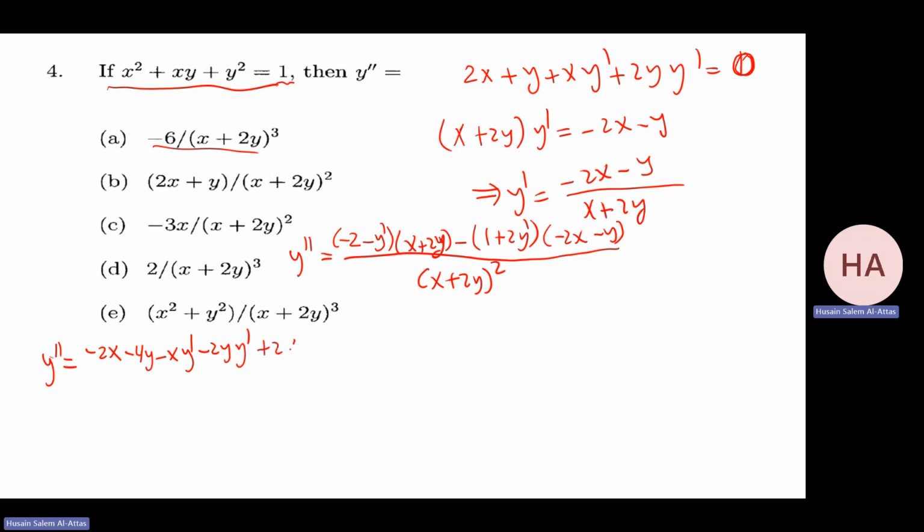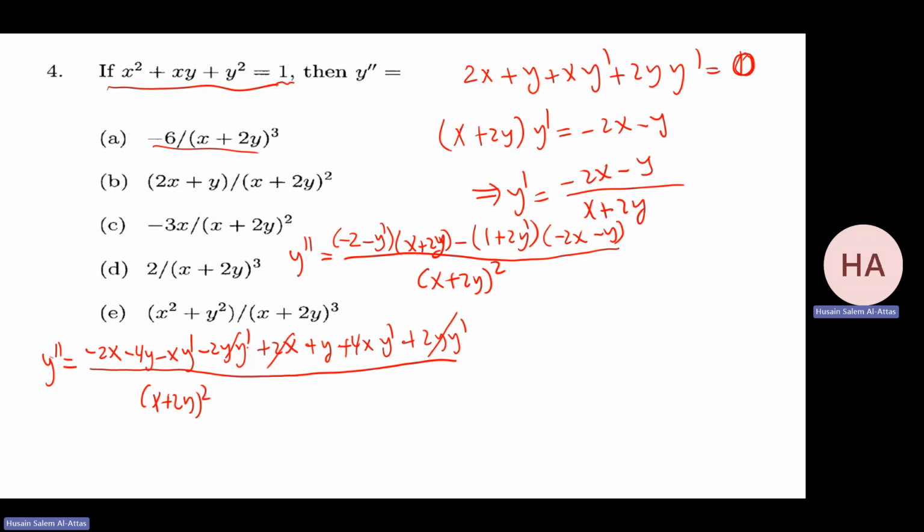Here I have what? Plus 2x plus y. Minus 2x minus 4x y prime. Is it minus? No, it's plus. 2y prime minus 2x times minus, so this is plus. Plus 4x y prime. And the last one, plus 2y prime. This is cancelled. All of this over x plus 2y squared.